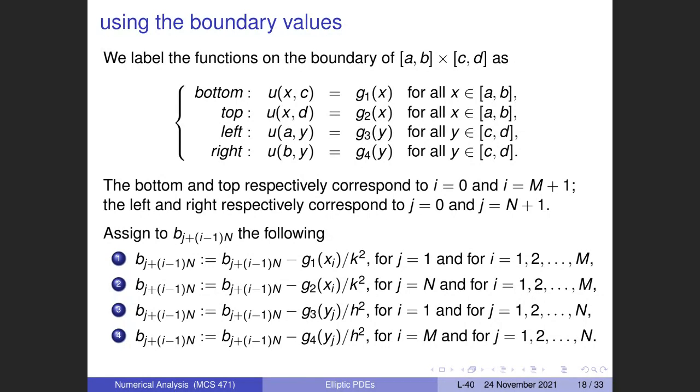The first two functions, the bottom and the top, depend only on x. This is the function that you will use when you fix j. If j is fixed to the lowest index, then you are at the bottom. I was about to say that it's unfortunate that they are not sorted, but they are sorted.